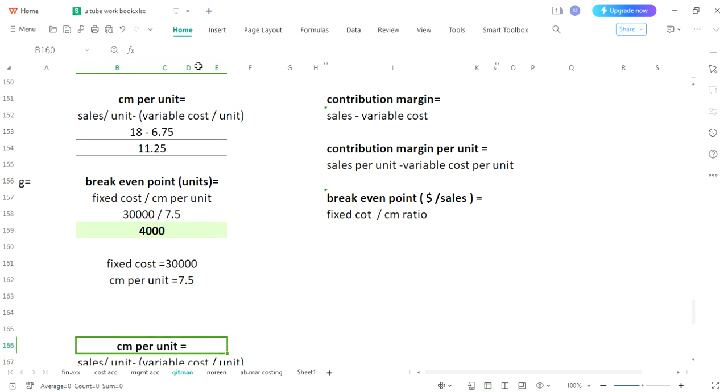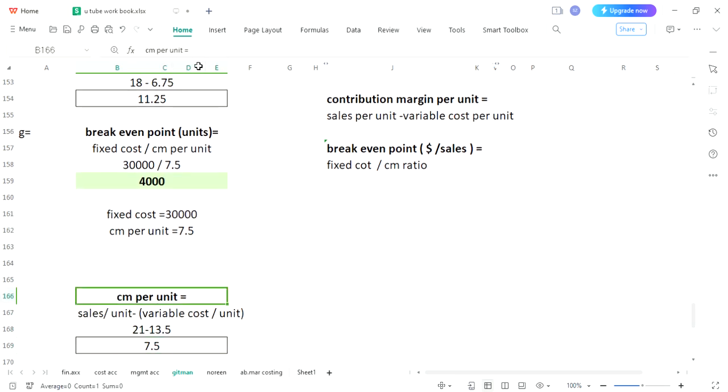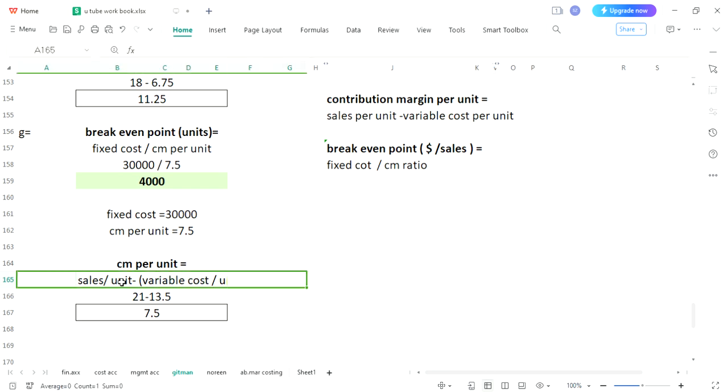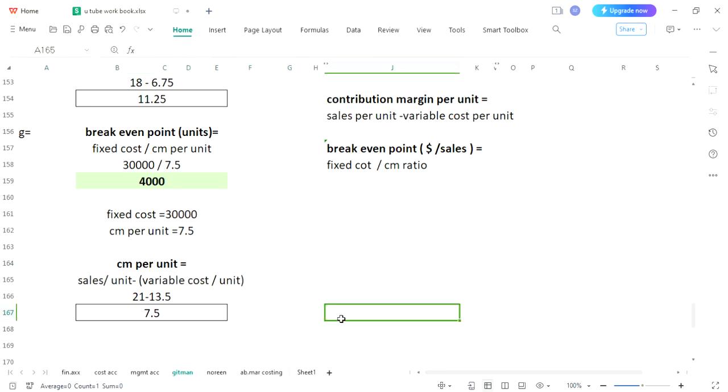Now the same procedure, three steps, you will be doing for your third firm, which is H. Please let me settle it. Actually sometimes it happens that you must have elegance in your question, so I'm trying to make it presentable.